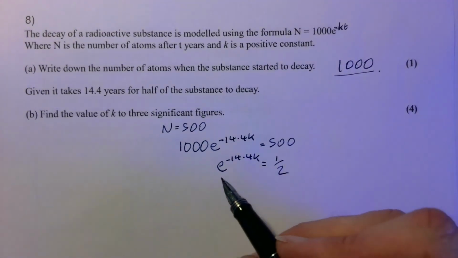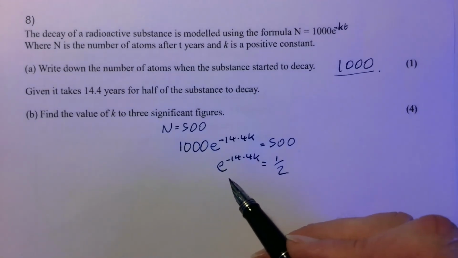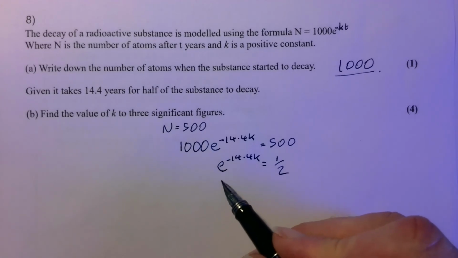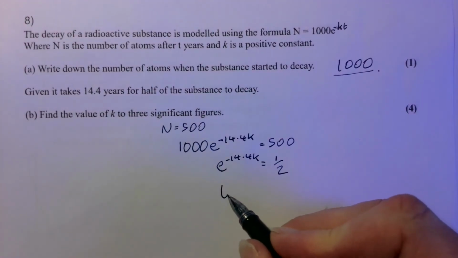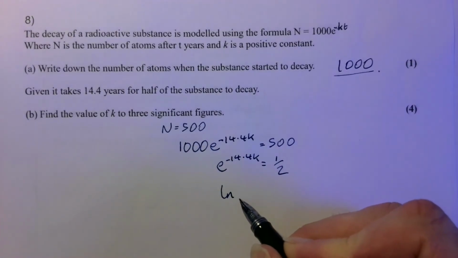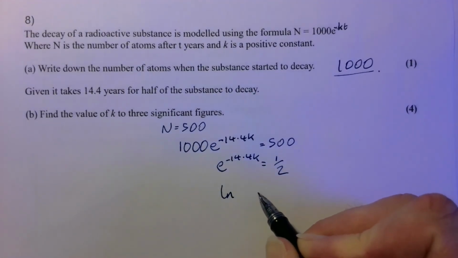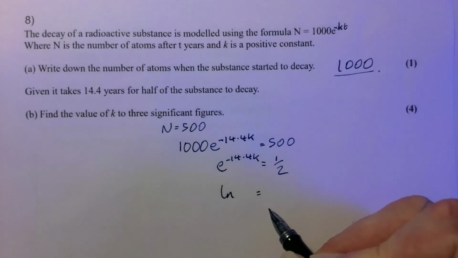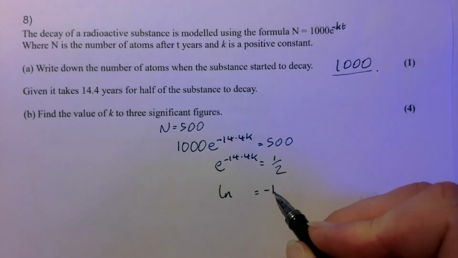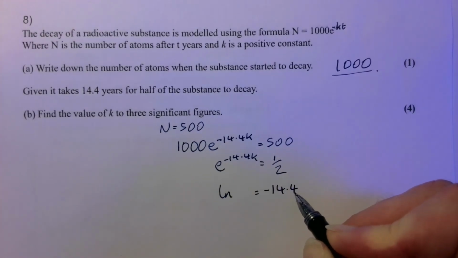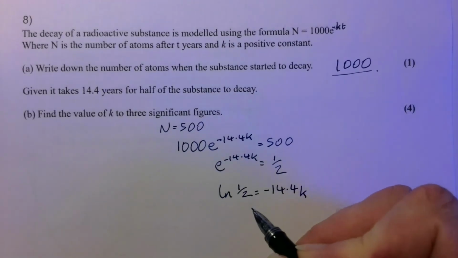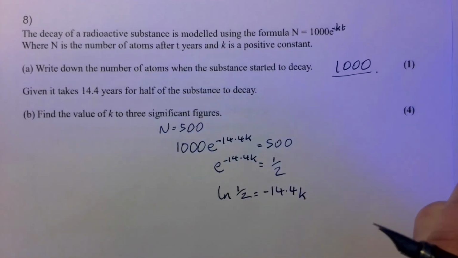And then what am I thinking? I'm thinking it's time to use the logs. So log e, we've got that special thing, haven't we, of calling that ln, because it's a natural logarithm. So what that means is e to the power of negative 14.4k is going to be a half.